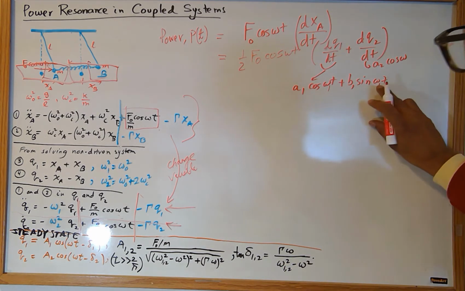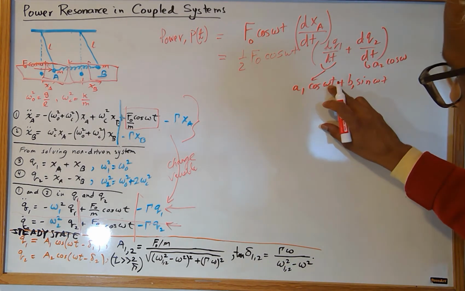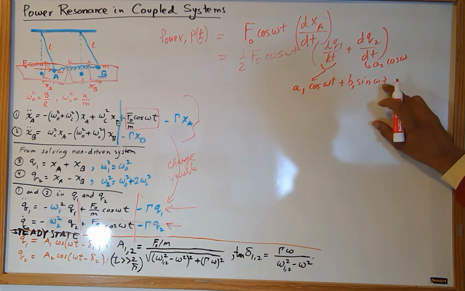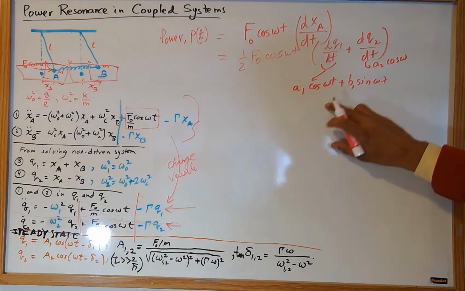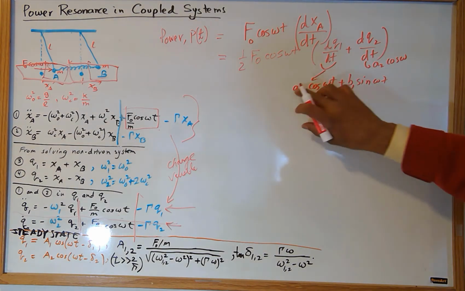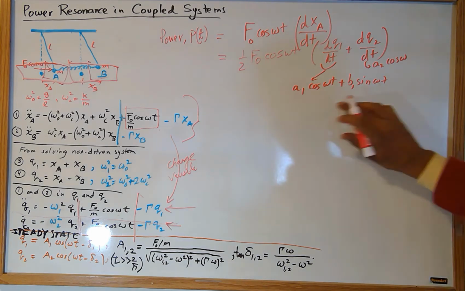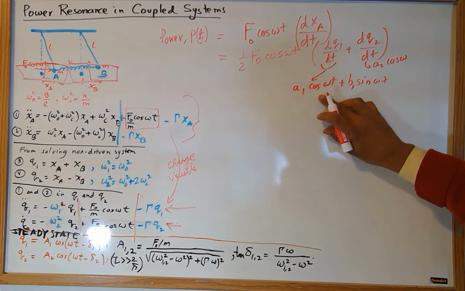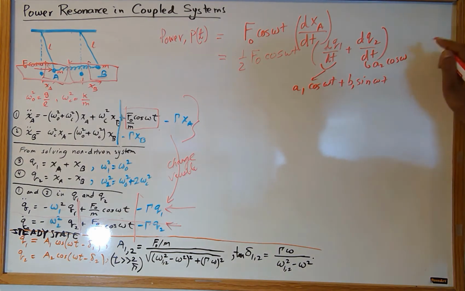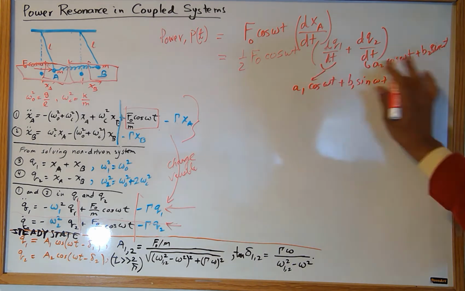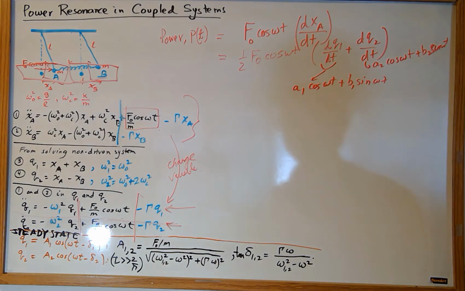No, I'm sorry, this is not omega 1. This is steady state, so that's not omega 1. Omega 1 and omega 2 are inside the constants a's and b's. So I'm going to have this generated, right?